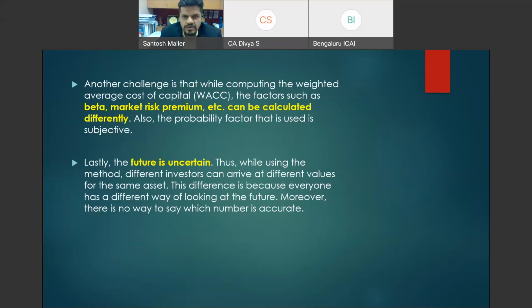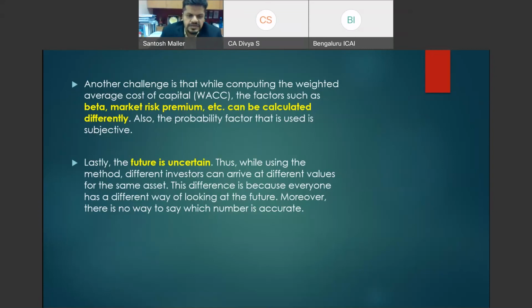But all said and done, there is a fair amount of uncertainty in the market today, and therefore projecting cash flows, be it for a company, for a group, or for any shares, can be fraught with a lot of uncertainties, and that is one of the main challenges involved in this DCF or DDM method.